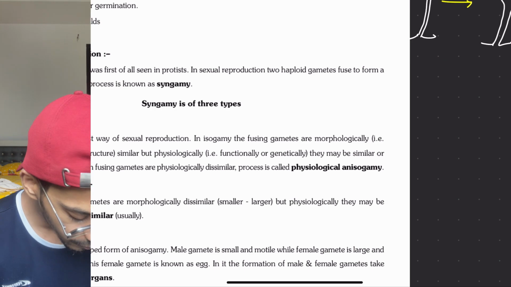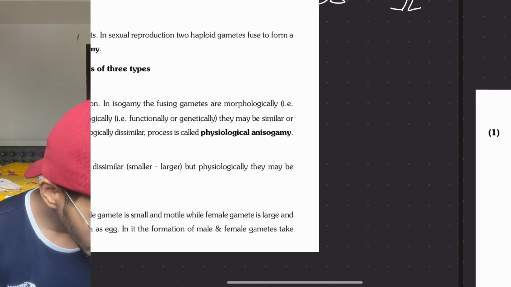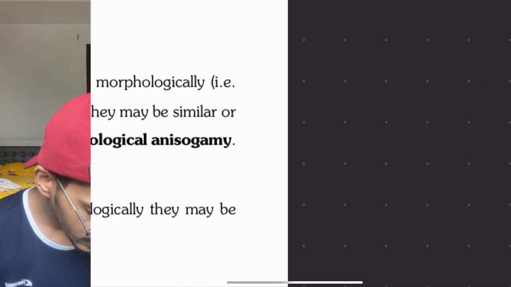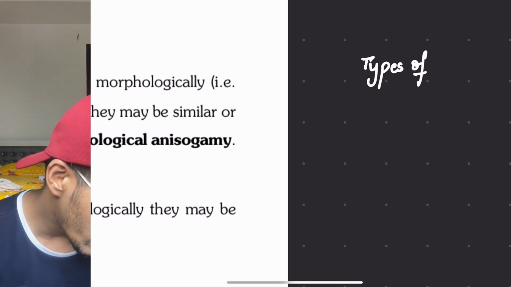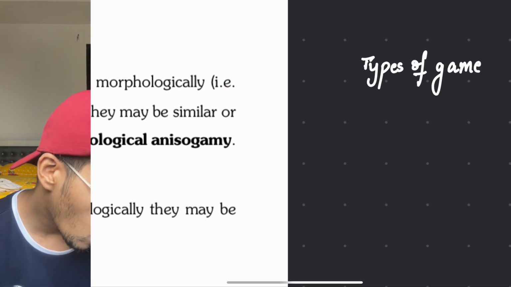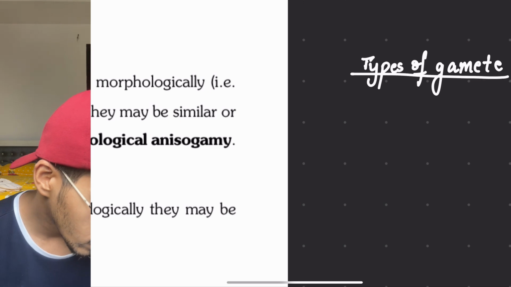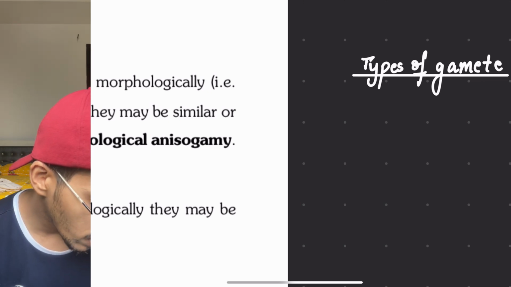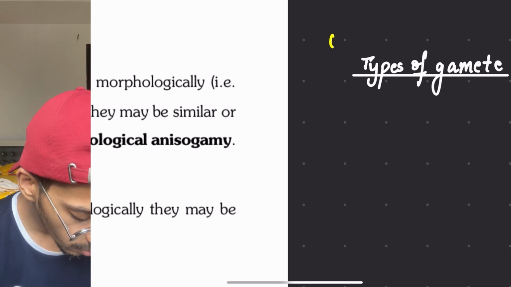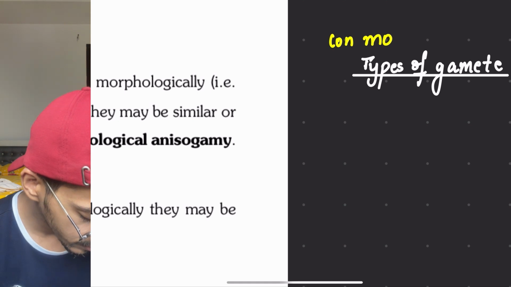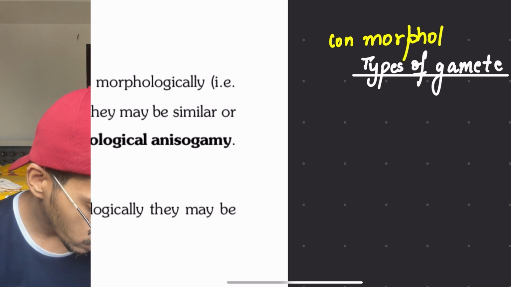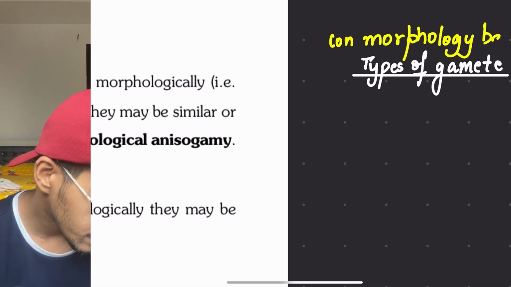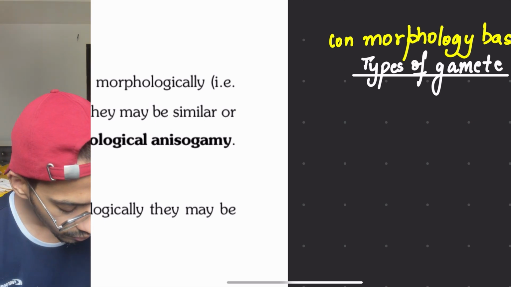First, we are going to write it down: types of gametes, on the basis of morphology. If someone asks on what basis we are classifying, it is on morphology basis. Now it is of two types.